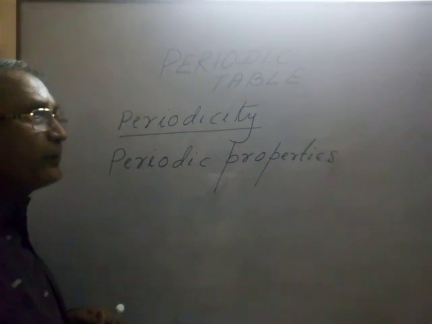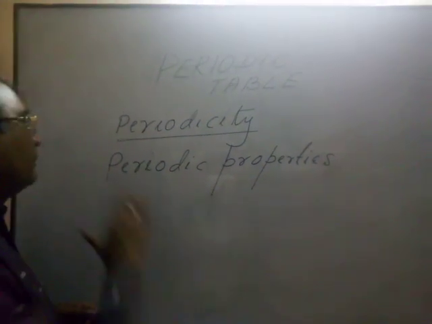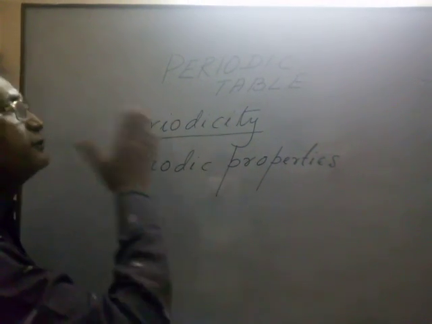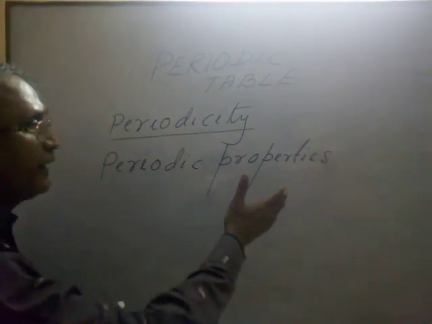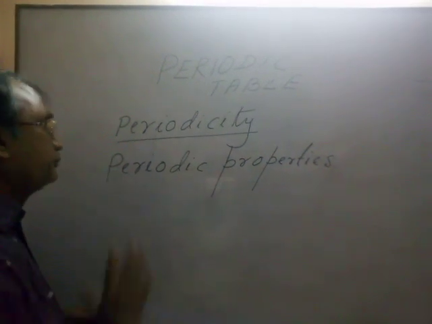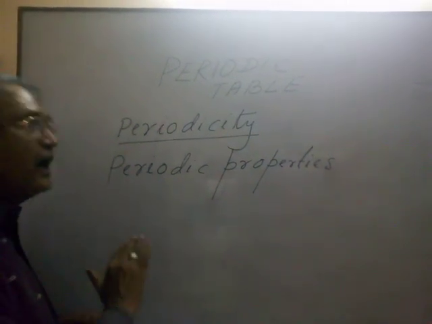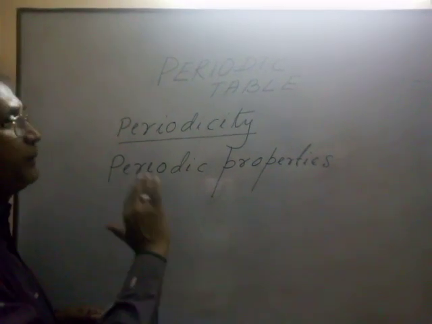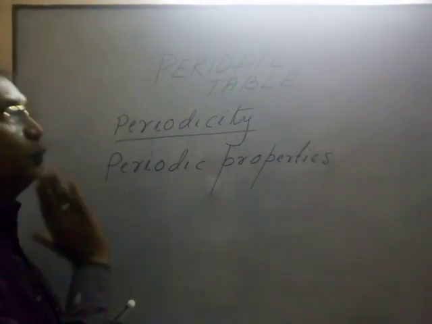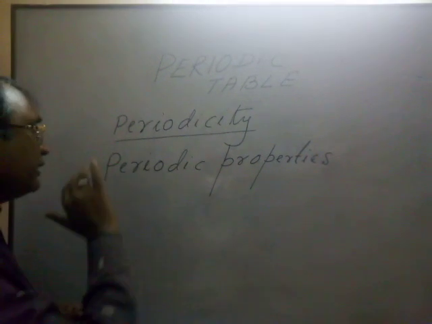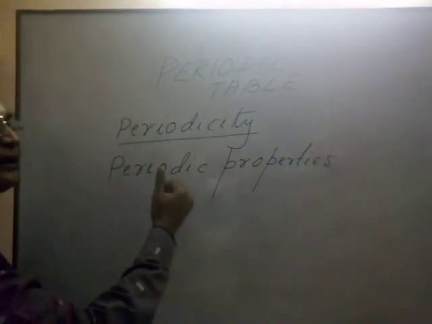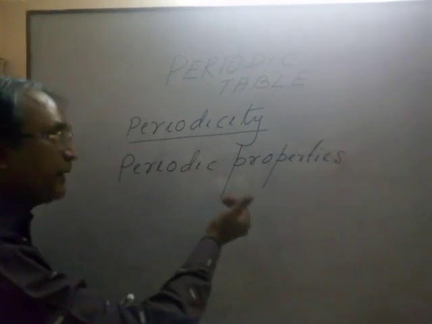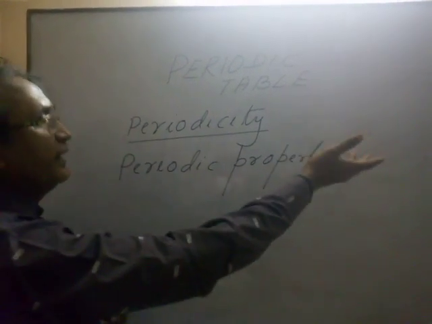What are periodic properties? Periodic properties are those properties which vary across a period and down a group. That means these properties will repeat after certain interval.